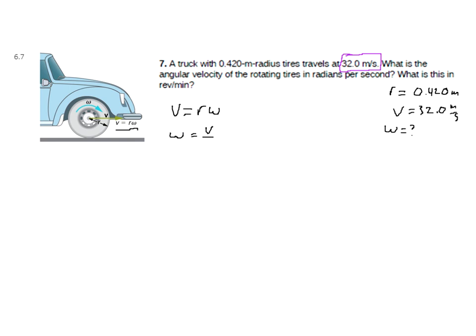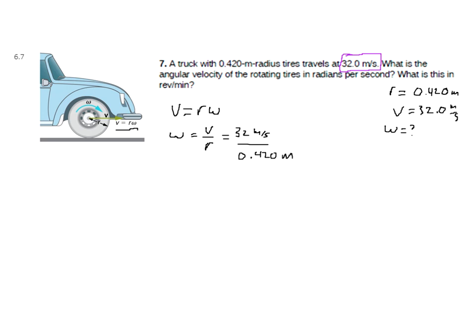So omega equals V over R. So that's 32 meters per second divided by 0.420 meters.